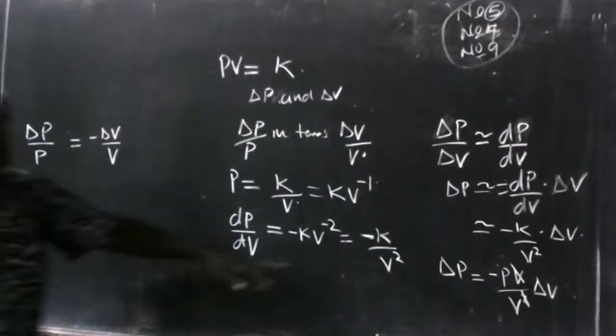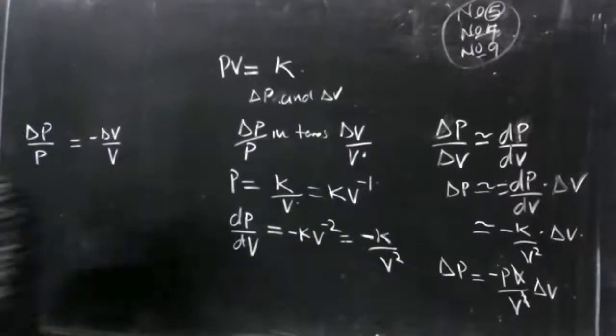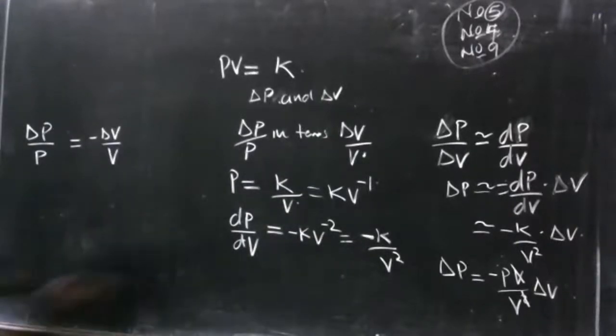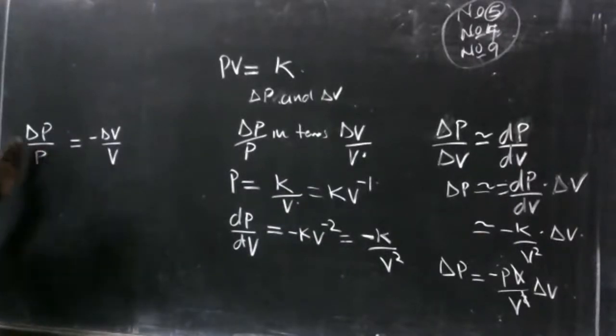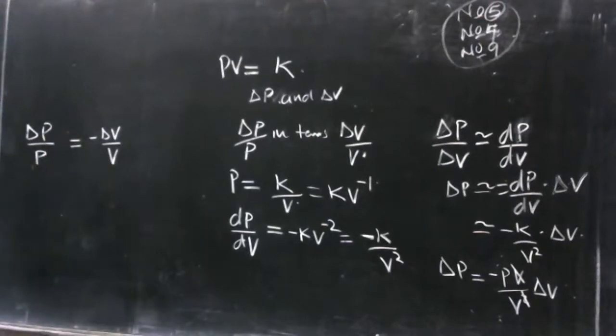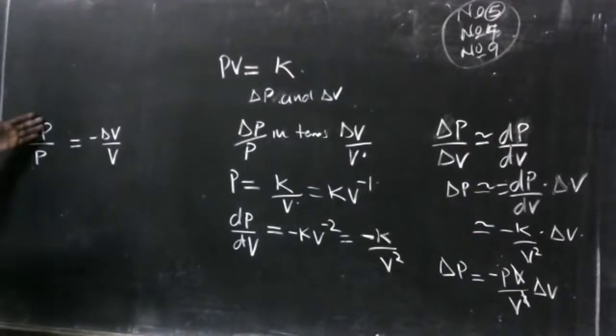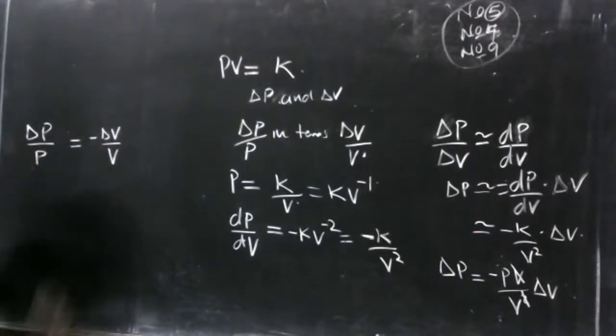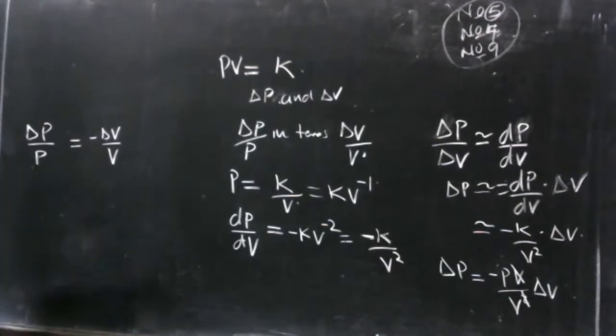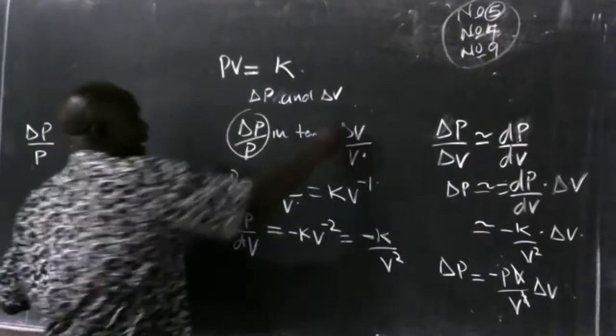This negative here is not a power. When you cross it to this side, you say this is equal to this. So I've got P and delta V over V. This one in terms of this. So what is this in terms of that?